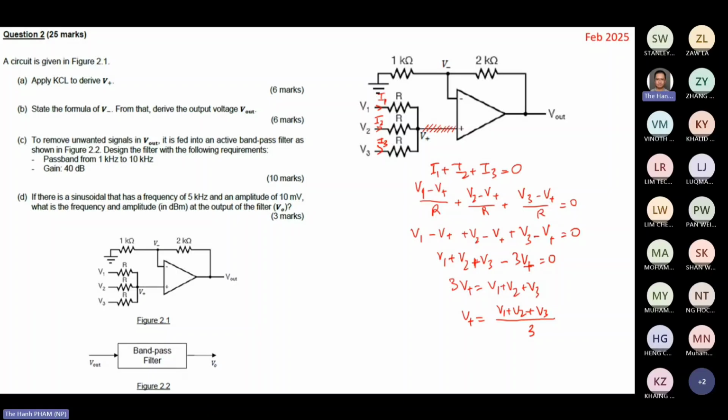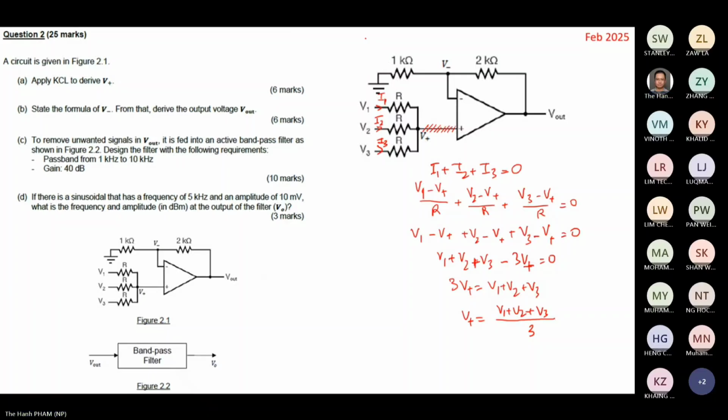Okay, any questions? Now, this is A, right?